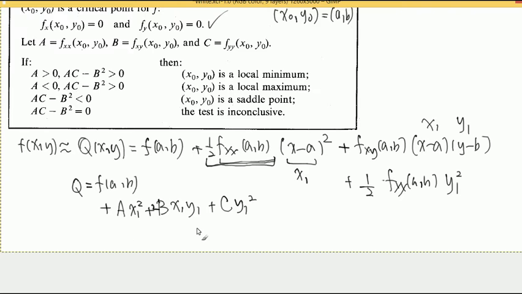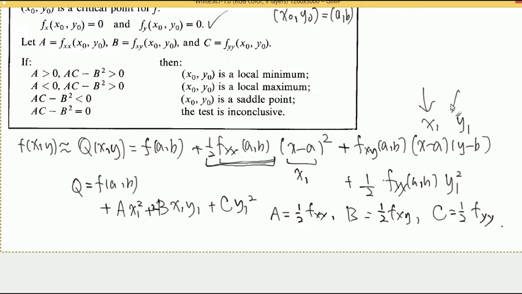So what is A here? 1/2 of the f_xx value. B is 1/2 of the f_xy value, because this 2B must be equal to that, and C is 1/2 of the f_yy value.